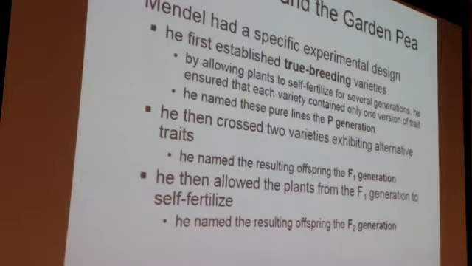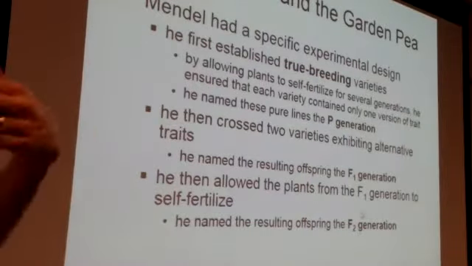And then he would take some of the F1s and allow them to self-fertilize, which is the same thing as crossing 2 of the same plant. And their kids are the F2s. And so you start with the P generation, their offspring are the F1s, and the F1's offspring are the F2s, and we could keep going.